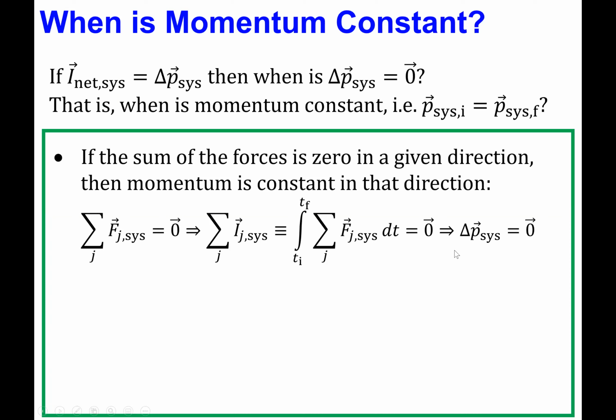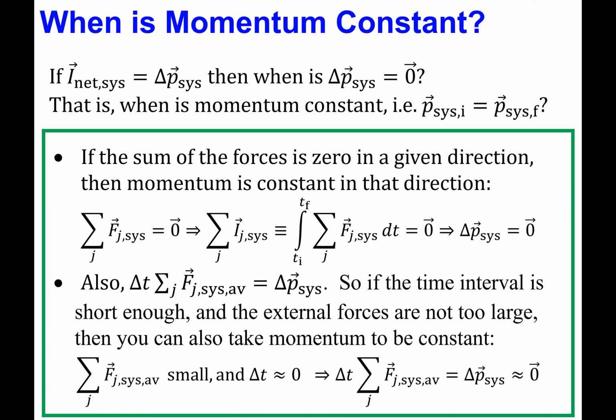And that then leads to the change in momentum of the system being 0, which we get from this impulse-momentum theorem. Okay, so one condition for the constancy of momentum through a process is that all the forces involved sum up to be 0.